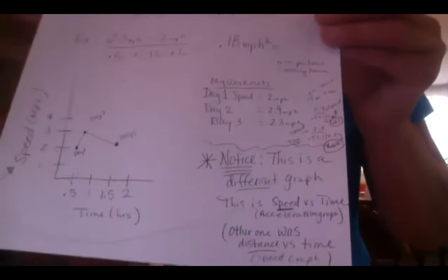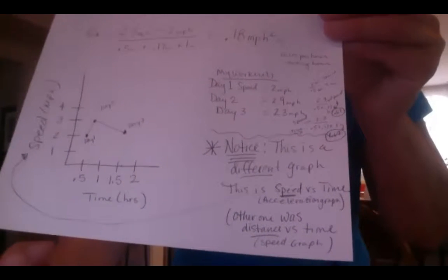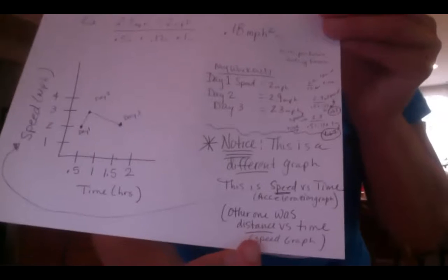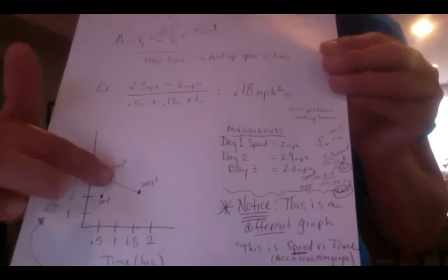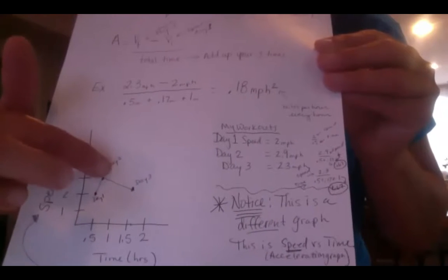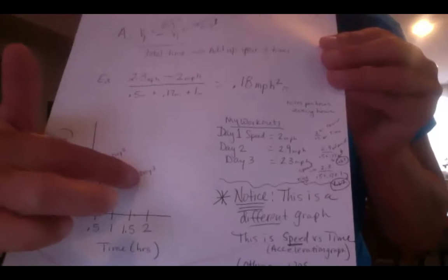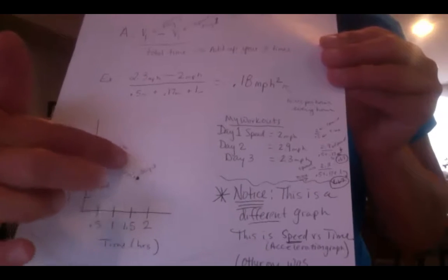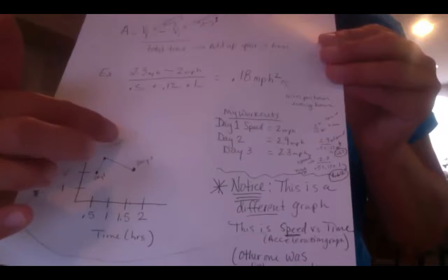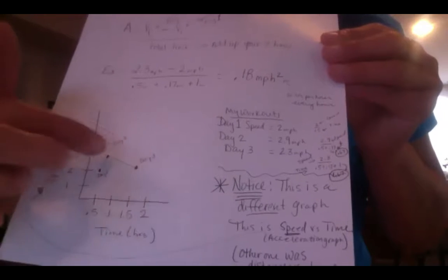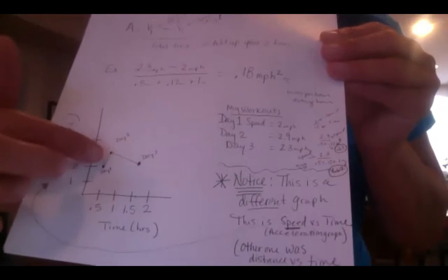The distance versus time graph, the slope of the line is your speed. Okay, so here you can see I'm speeding up between day 1 and day 2. And on day 2 to day 3, I've slowed down. So if I was looking at just this part of my acceleration, it would be a negative number. Negative numbers for acceleration mean slowing down. Positive numbers mean speeding up.